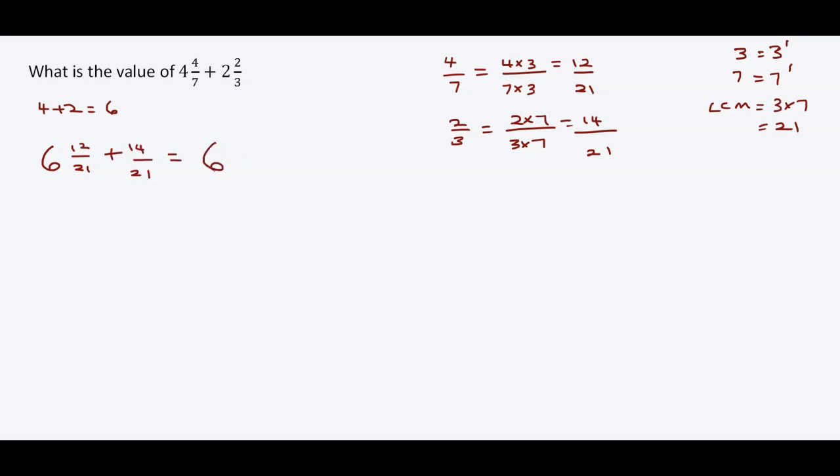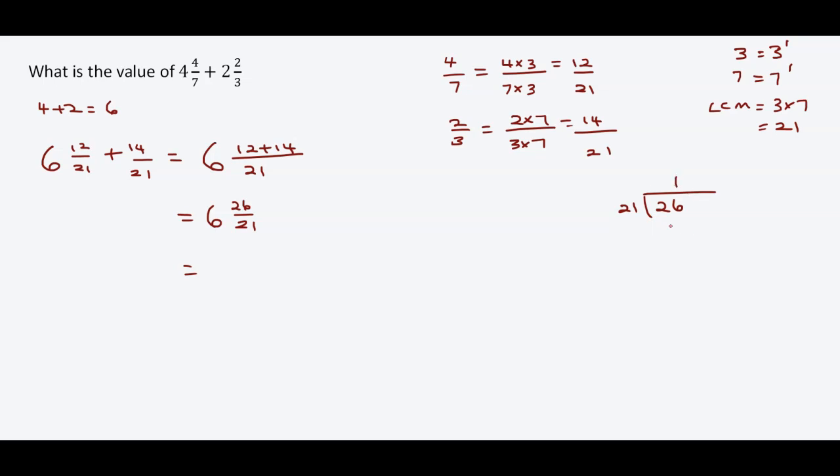It's going to give us 6, and then we have 21 as our denominator. Remember, you should never add the denominators, and then we have 12 plus 14. So this is going to give us 6, 26 over 21, and then we're going to convert 26 over 21 to a mixed fraction or a mixed number, whichever way you prefer to call it.